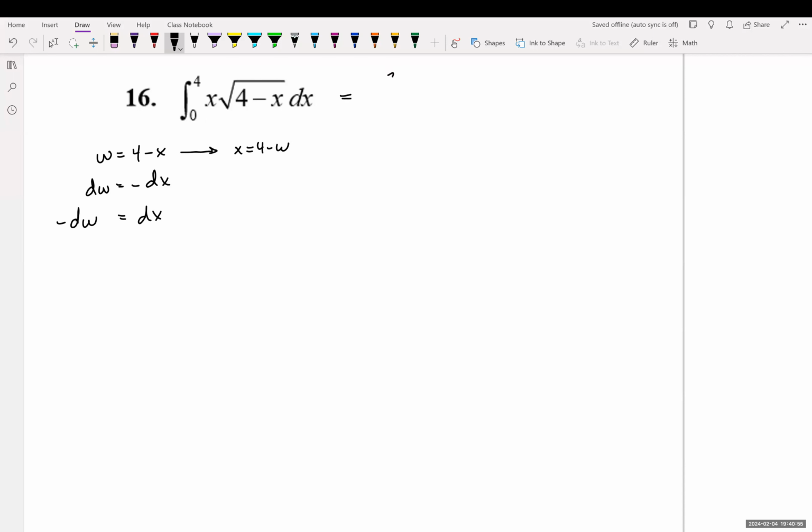So this integral, waiting on the limits of integration for a moment, we have 4 minus w replacing our x in front, right? And then we have the square root of just plain w, which we can write as w to the 1/2 power. And dx becomes a negative dw.